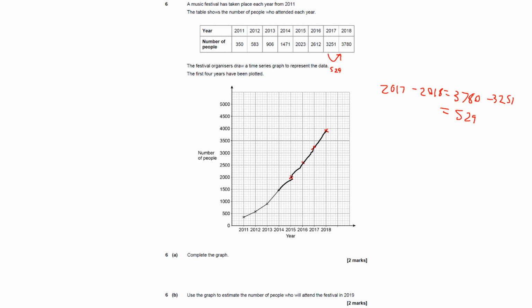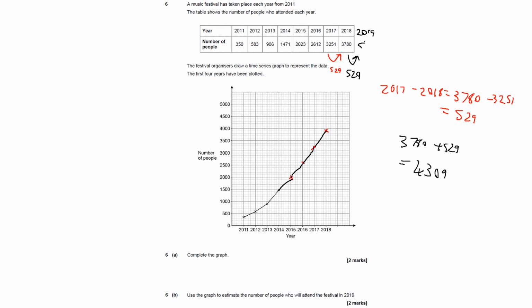So that's how much they are increasing the attendees each year. So we can use that time scale to increase it by 529 as well. Okay? So 2019 is just going to be 3,780 plus 529, which gives us an answer of 4,309.